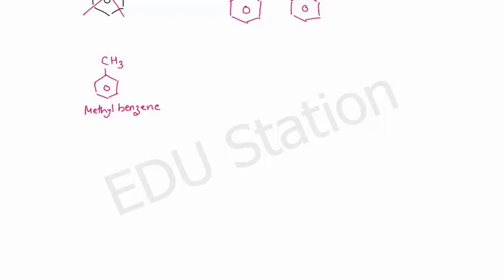Now, if this carbon is attached to the ring, this is called benzylic carbon. If it has 2 hydrogens and one any other group, but it can't be hydrogen, we'll be using the word benzyl.